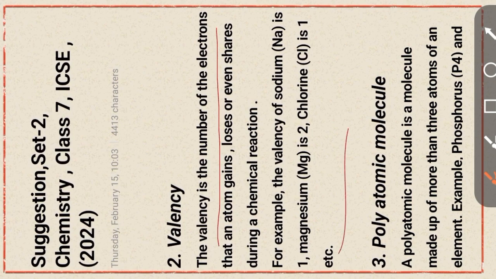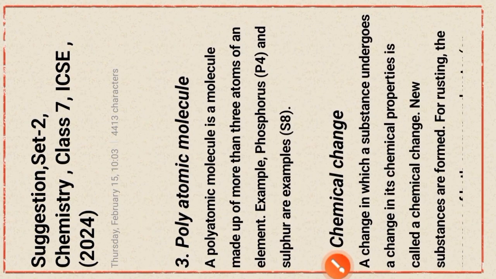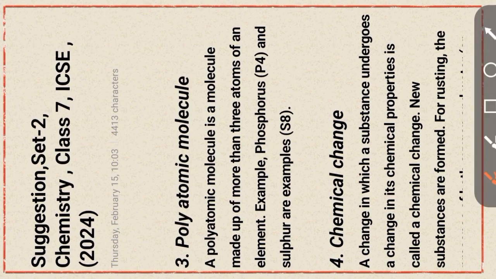Next, polyatomic molecules. A polyatomic molecule is a molecule made up of more than 3 atoms of an element. For example, phosphorus P4 and sulfur S8.